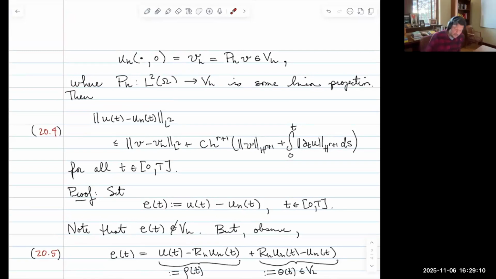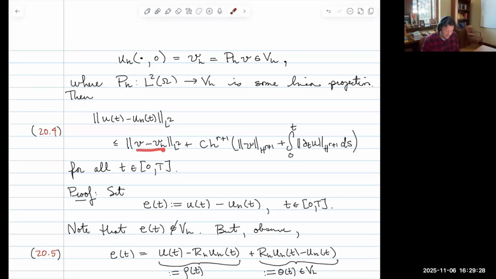Here's the punchline of the theorem and what we're going to work today to prove. The difference between u and the finite element approximation, this is called the error, in the L2 norm is less than the L2 norm difference of v and v_h. What is this?